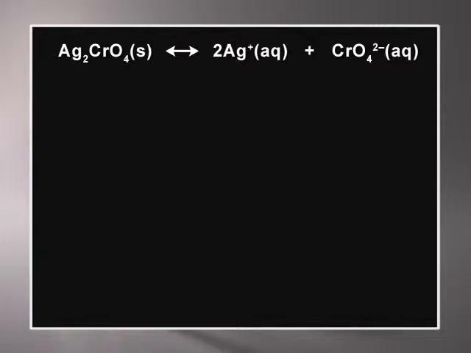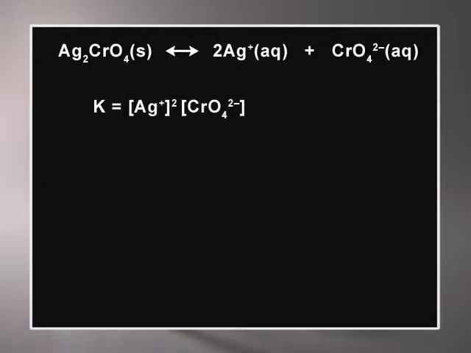The equilibrium constant expression for this reaction would be equal to the concentration of silver ion squared times the concentration of chromate ion. Note that there is no denominator in this expression, or more correctly, the denominator is understood to be 1. If you remember, in lecture 23, we learned that you never include pure solids or pure liquids in an equilibrium constant expression.